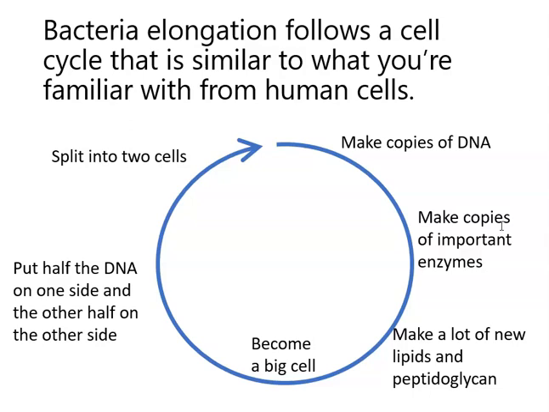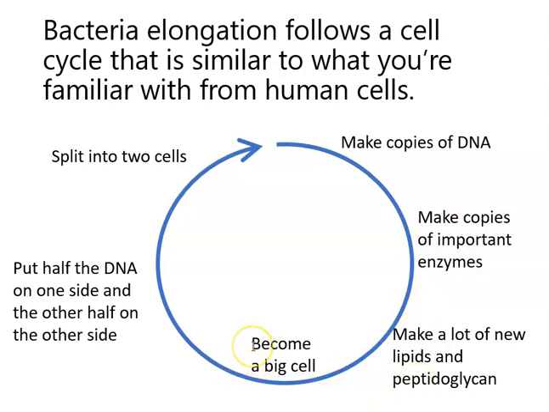They have to make the pieces of peptidoglycan. That requires chemical reactions. They have to put them together into peptidoglycan and put them into the cell wall. They actually have to cut little holes in the cell wall and stitch in new pieces of peptidoglycan. That requires a whole lot of enzymes. So they have to make all those enzymes and then do all of those things to make the cell bigger.